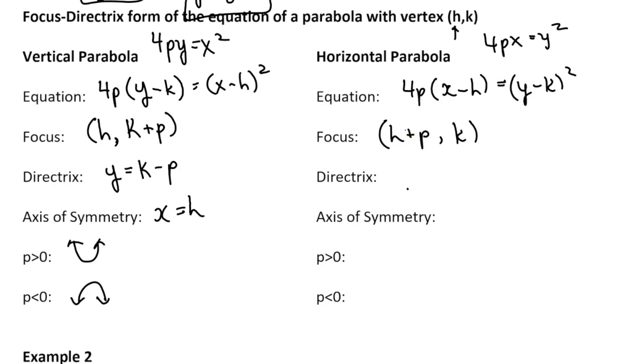And so we would say x equals h, a line that would be tangent to your vertex, but then you have to subtract p units. And the axis of symmetry would now be y equals k. If p is greater than 0, then we open to the right, and if p is less than 0, then we open to the left.